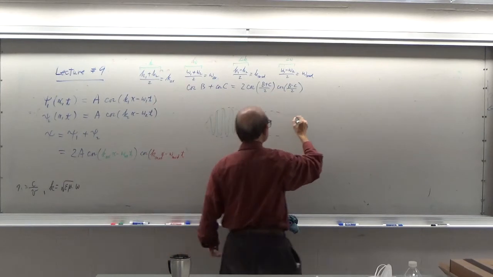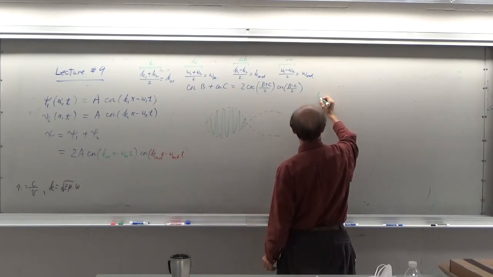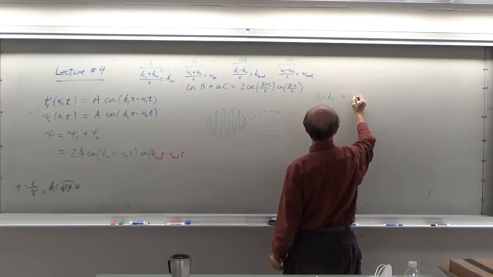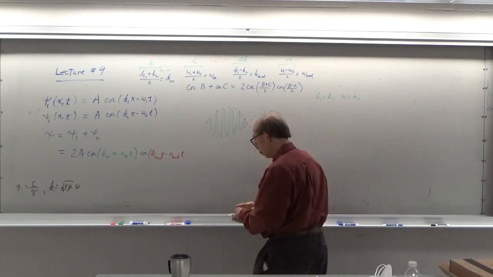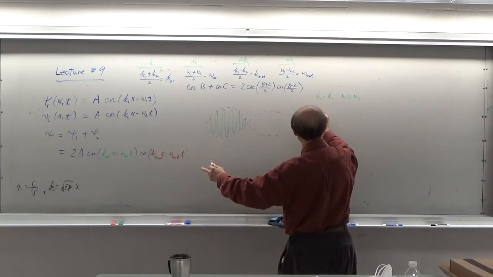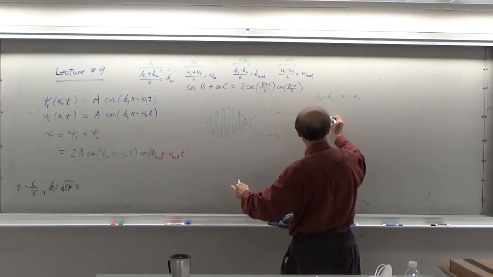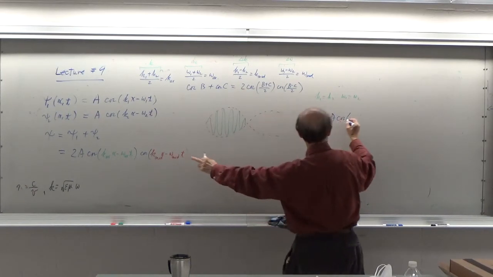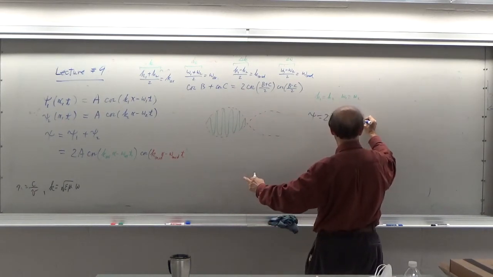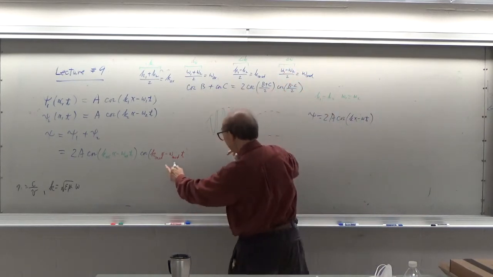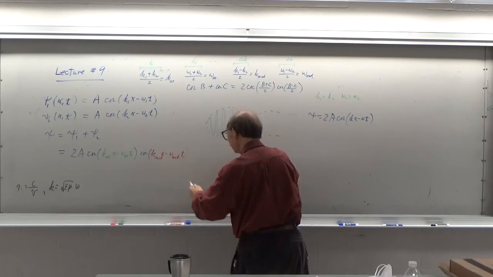So for the case of k1 roughly equal to k2, omega 1 roughly equal to omega 2, then we have the wave psi equal to 2A cosine of kx minus omega t, and multiplied by this. Oh, I forgot.